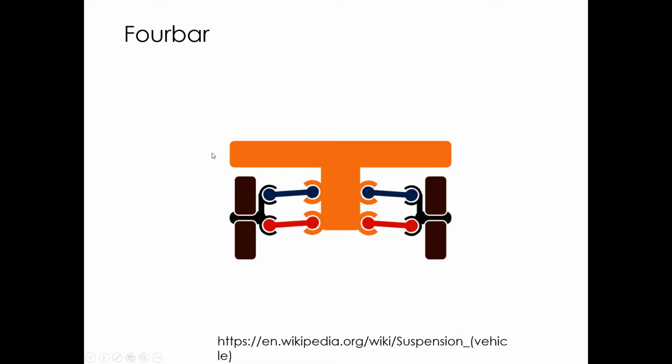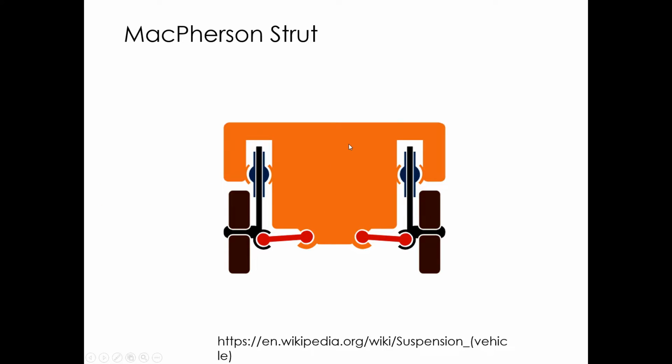McPherson strut. So 4-bar, I should talk about instant centers on this. It's where you draw a line from the upper and lower control arm wherever they intersect. That's the instant center. If they're parallel, like in this case, it's off at infinity and you don't get any camber as this thing bumps up and down. If you move this pivot around, you can change where the instant center is at, so you can put the instant center exactly where you need it, which is why this is nice, because you do have that flexibility in putting the instant center for the suspension wherever you want, and that'll also change where the roll center is at too.